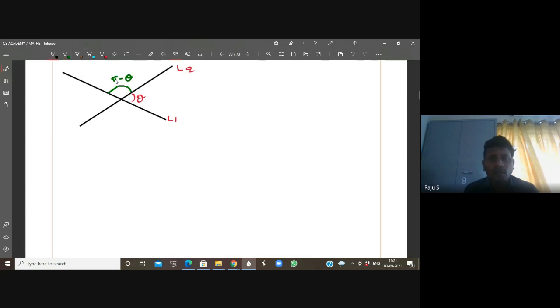One is an acute angle, the other is an obtuse angle. So here I want to find this theta value. The slope of the line L1 is m1, the slope of the line L2 is m2, then the angle between the two lines is given by tan theta equal to m1 minus m2 by 1 plus m1 m2.